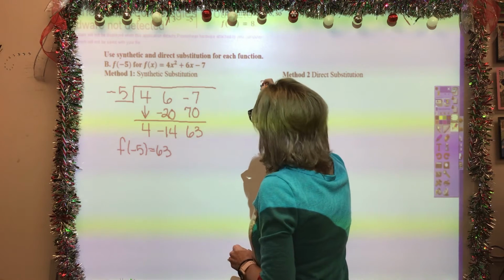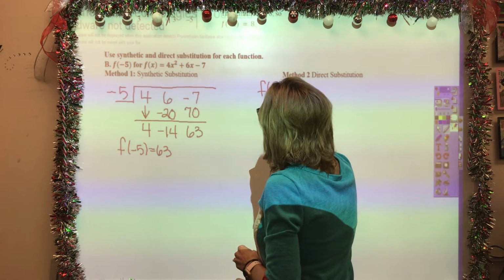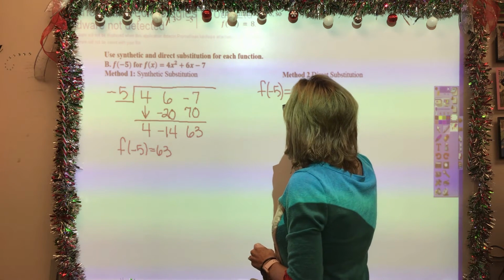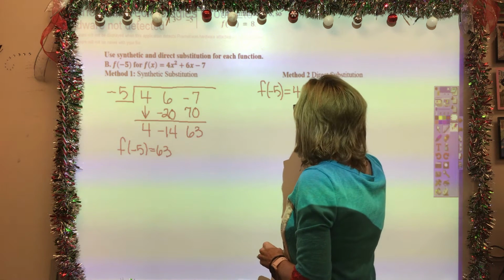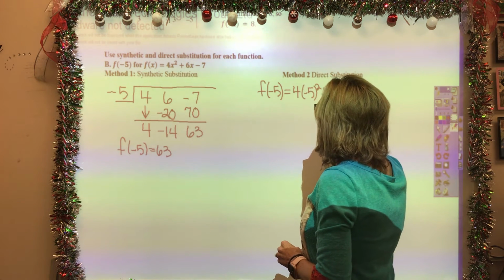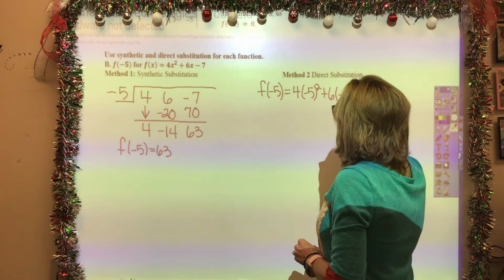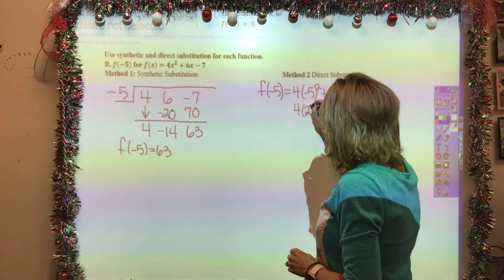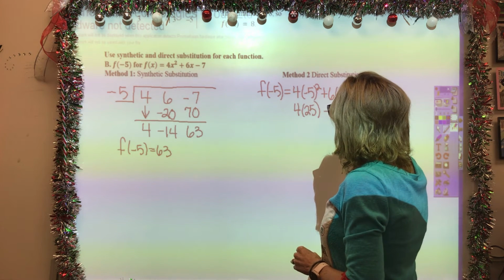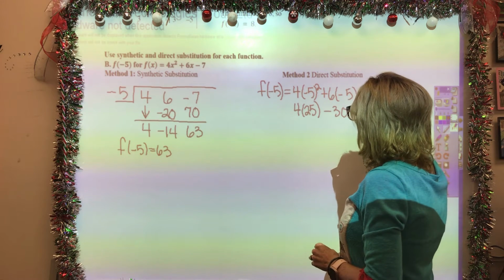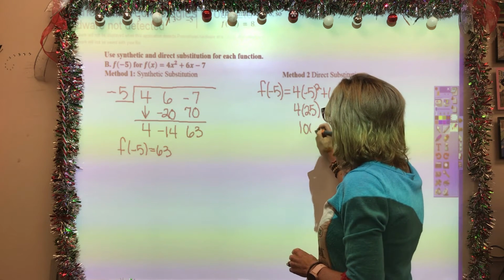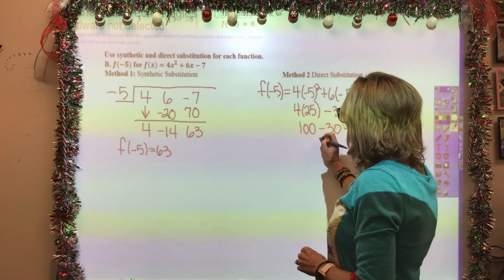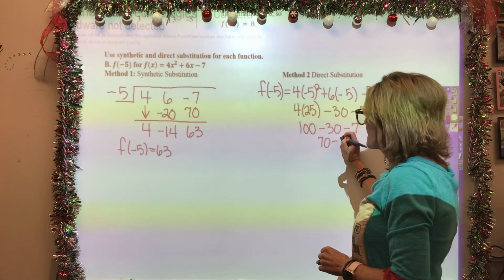So direct substitution would look like this. f of negative 5 equals 4 times negative 5 squared plus 6 times negative 5 minus 7. 4 times 25 minus 30 minus 7. 100 minus 30 minus 7 would be 70 minus 7.